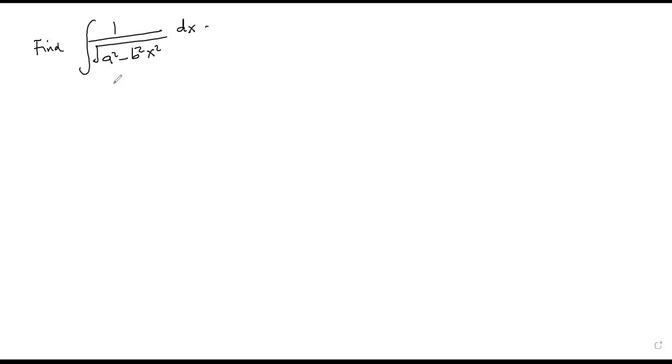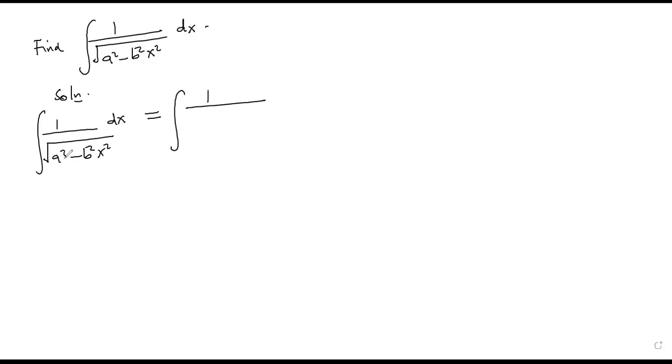Now, as a solution, we are going to say that the integral of 1 over the square root of a squared minus b squared x squared dx is the same as the integral of 1 over, now here, we can factorize out a squared.